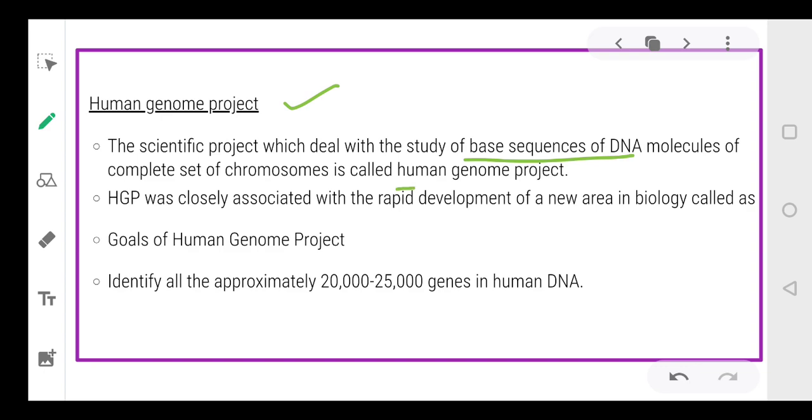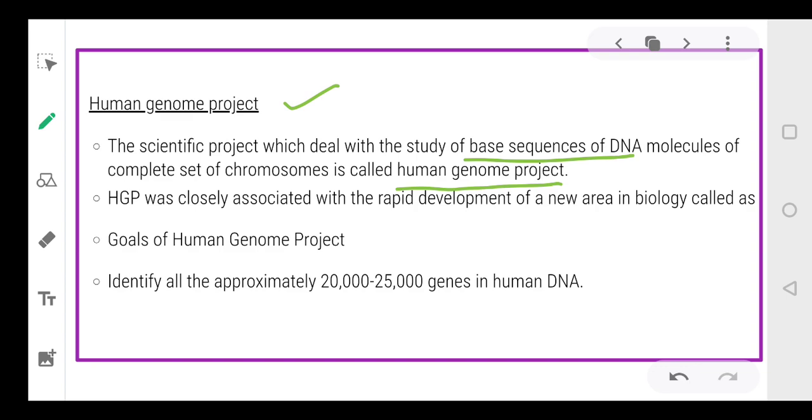That is why we call this project the human genome project. It will study all the chromosomes of human beings and identify the different genes in them.